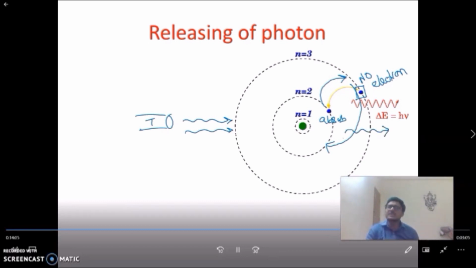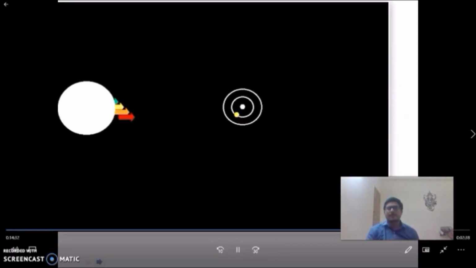So the extra energy it will radiate is an electromagnetic radiation. If that radiation has wavelength between 400 to 800 nanometer, it will be light. Otherwise, it will be some other electromagnetic radiation. So this is the actual answer to how light is produced. Clear? I think you understood.